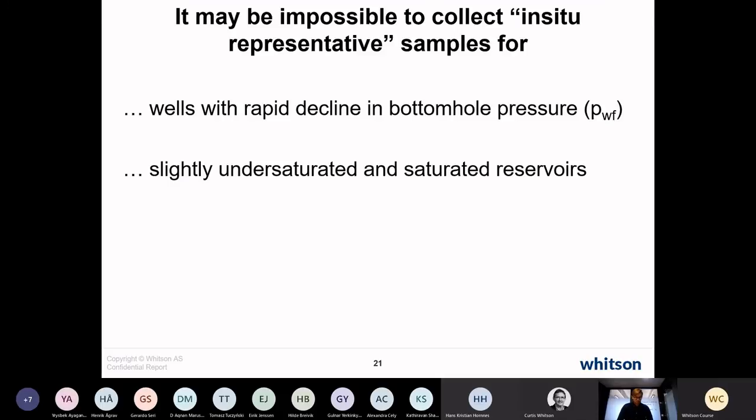So that's just two facts where what you produce at surface just a short time after you put the well online, and potentially when you would like to sample, which is sometimes also subject to logistical constraints, are essentially not aligned.